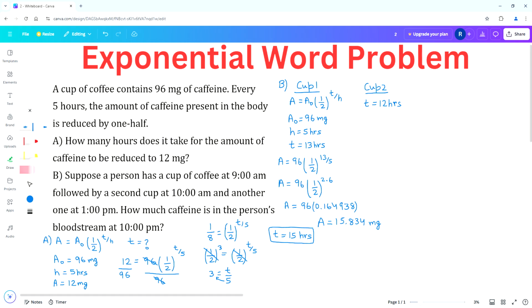We can sub in the values in the half-life formula to find the value of A. Twelve divided by 5 is equal to 2.4.